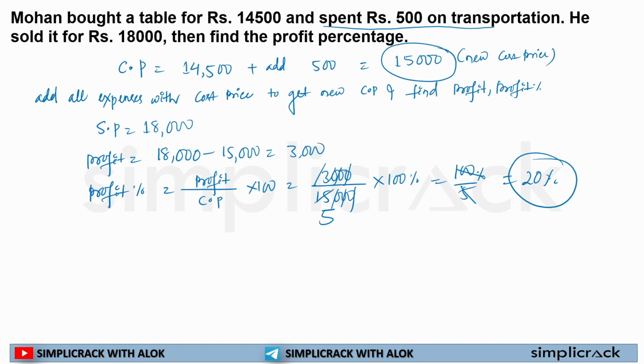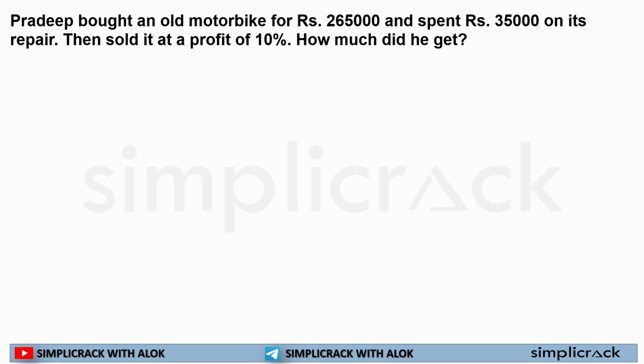It is 20%. I hope now you are clear how to find out the new cost price and then how to solve each and every question. Okay, I hope this is clear to each and every one of you. Now, Pradeep bought a motorbike for 2,65,000.